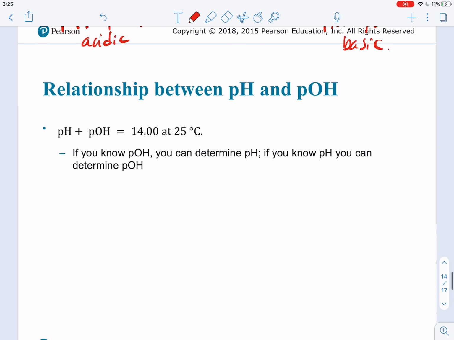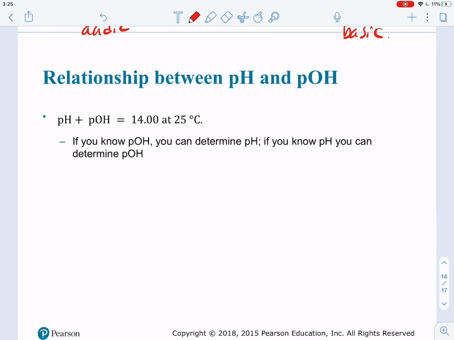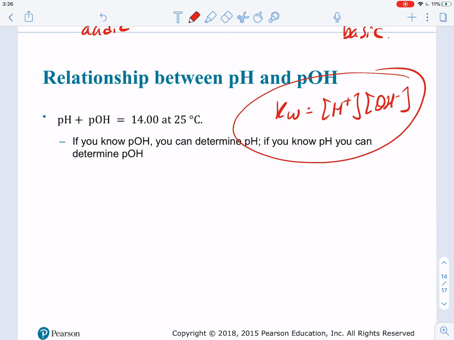Now, there is an important relationship between pH and pOH, and let's start at the beginning, right? Kw is [H+][OH-], or [H3O+] for that matter. So what if we take this expression and then we take the minus log at each side of the equation? So we have minus log of Kw equals minus log of H+, or H3O+, minus log of OH-.